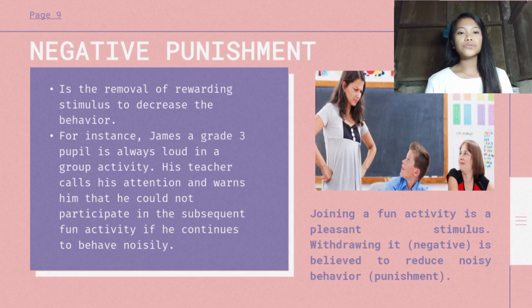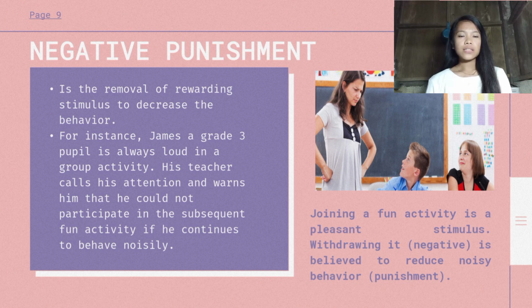So let's move to negative punishment. It is the removal of rewarding stimuli that decreases the behavior. So it is to take away something or an agreement between a teacher and a student. For example, James, a grade 3 pupil, is always loud in a group activity.